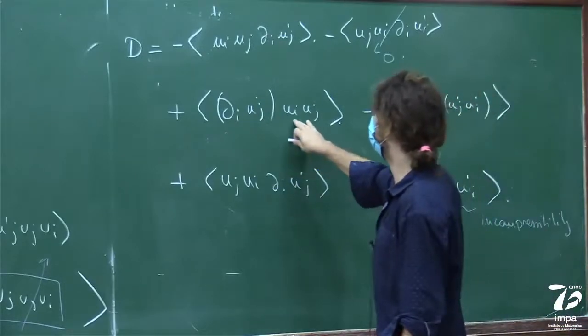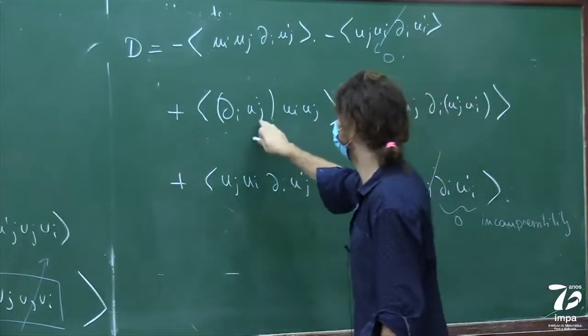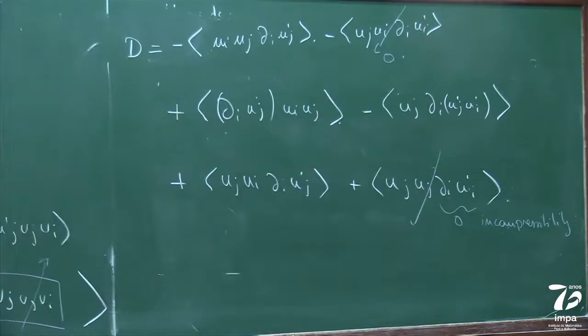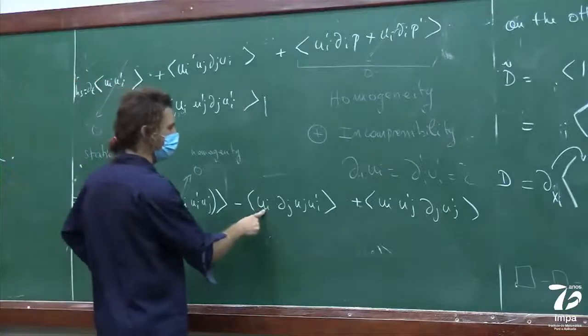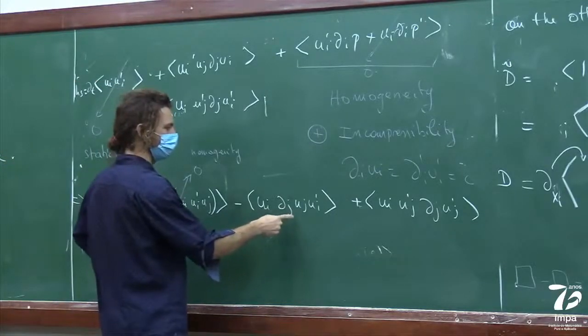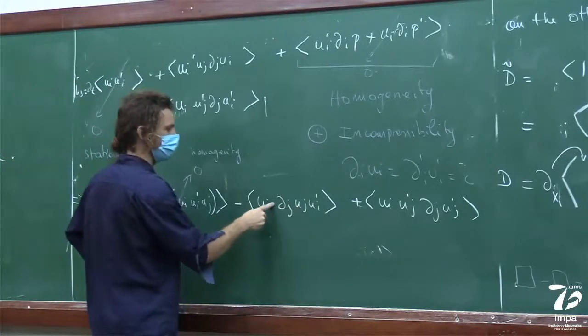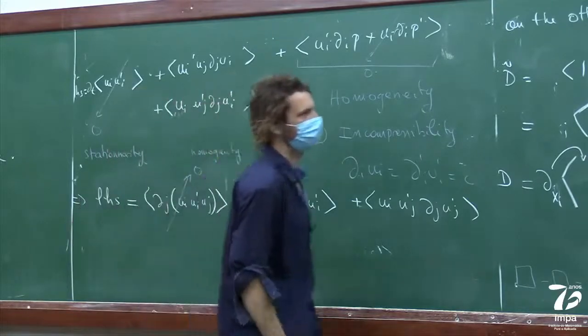So ui uj di of u prime j is one of those guys. It is this one here. Because of incompressibility, this guy can be taken out, so this is exactly this guy.